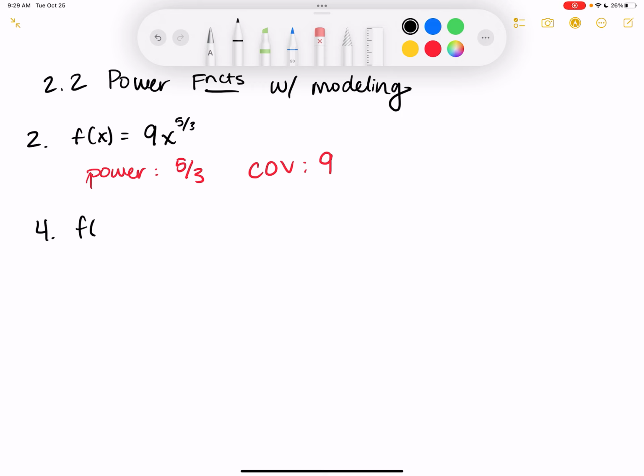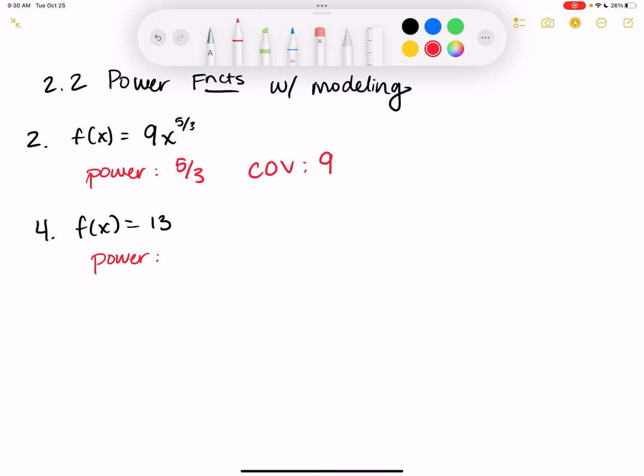For f of x equals 13, is this a power function? It is. What would its power be? 0.